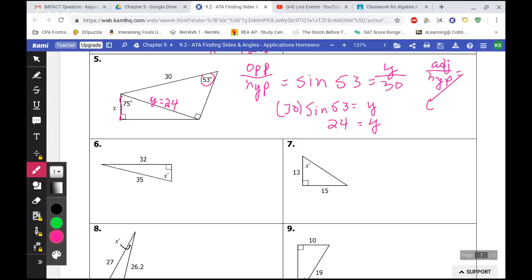Cosine 75 equals x over 24. Multiply both sides by 24. And what do you get? 6.2. That's right.